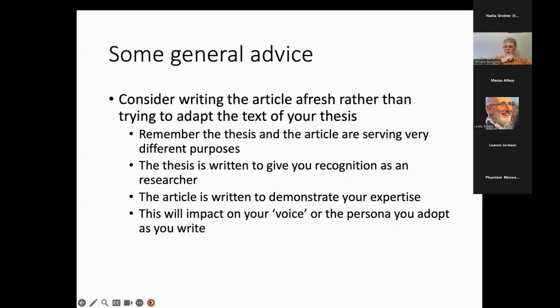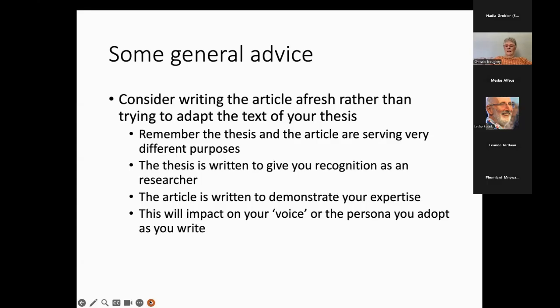When you submit your thesis for examination, imagine you're knocking on the door of a house, or you're knocking on the door of the university. And what you're doing as you submit your thesis, you're saying, here, I'm like you. I'm one of you. I belong in this house of doctors, and here's my thesis to prove it.